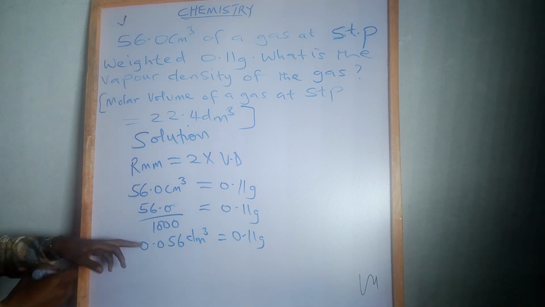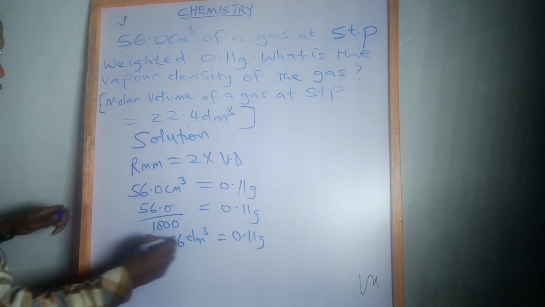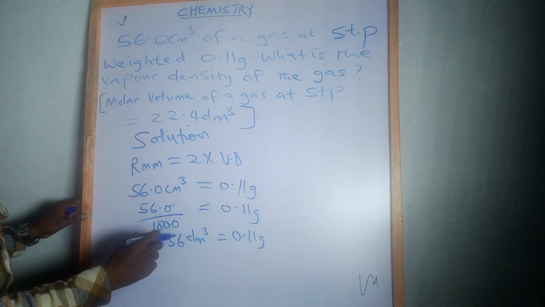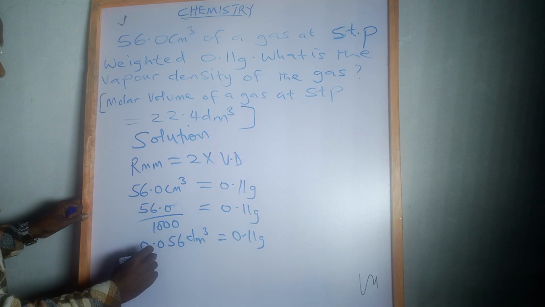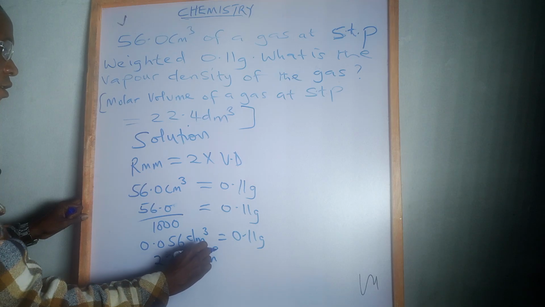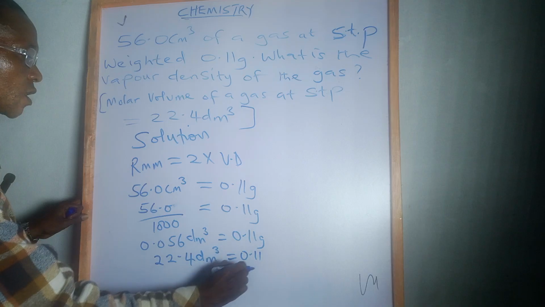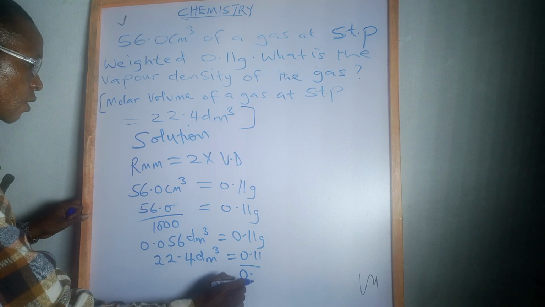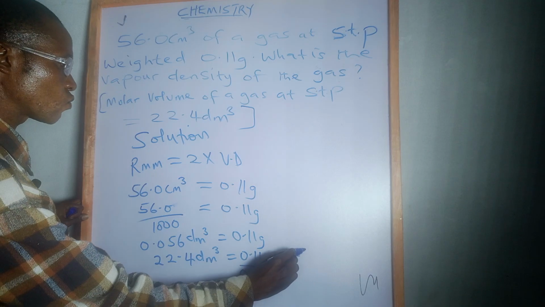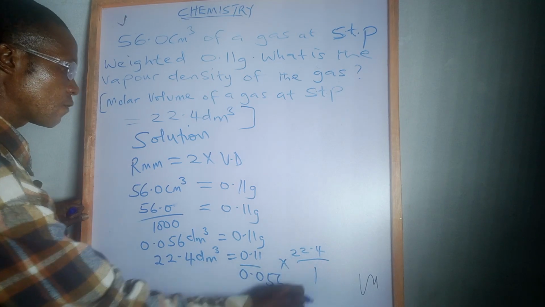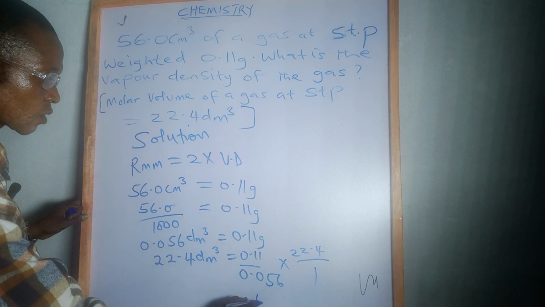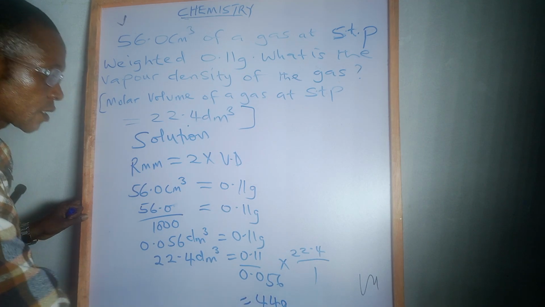It means that if this is the amount occupied, the weight occupied by this 0.05 dm cube, it means 22.4 dm cube will be 0.11 divided by 0.05 multiplied by 22.4 over 1. So if you do this very well, you are going to get 44 gram.